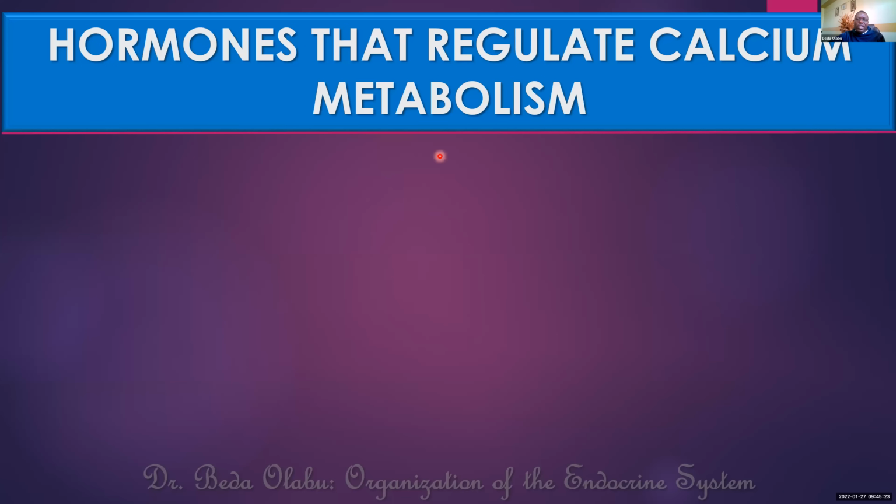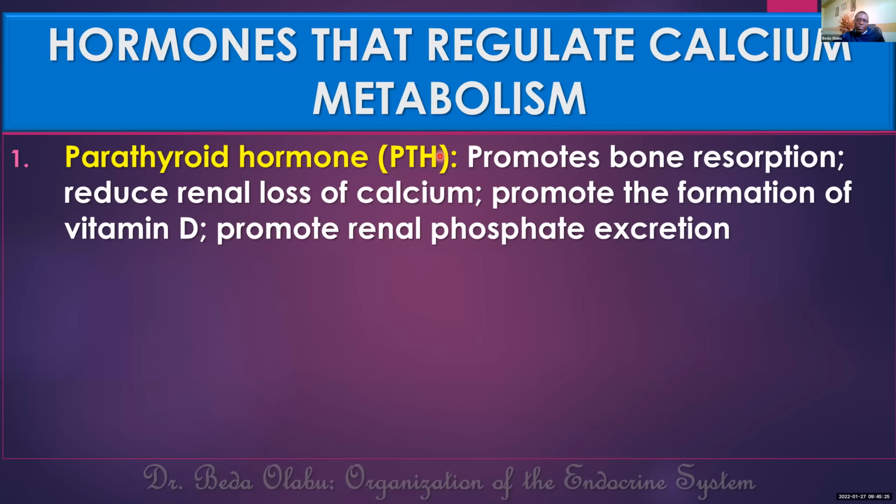So which hormones regulate calcium metabolism? Parathyroid hormone, which is from the principal cells of the parathyroid gland, affects calcium metabolism this way. One, it promotes bone resorption. That means that bone releases the calcium into the bloodstream.